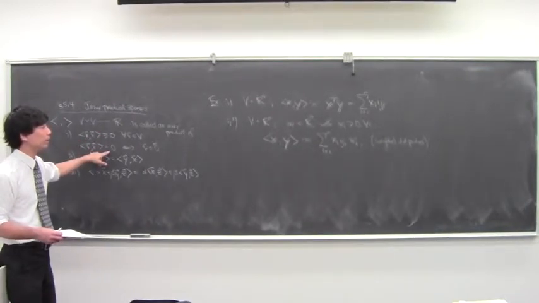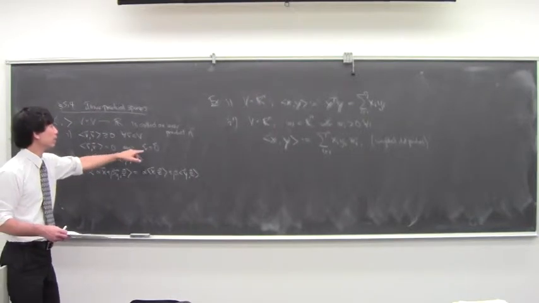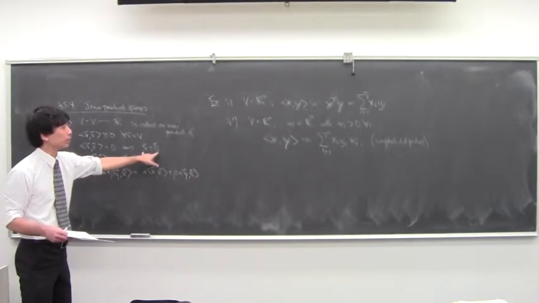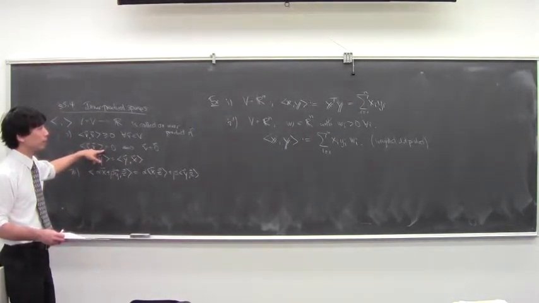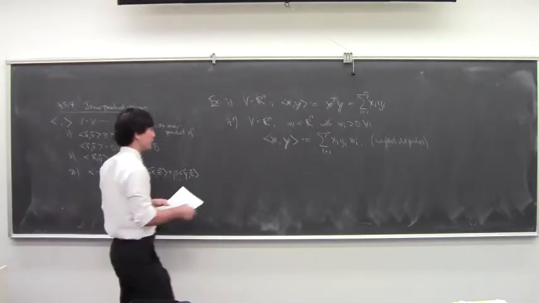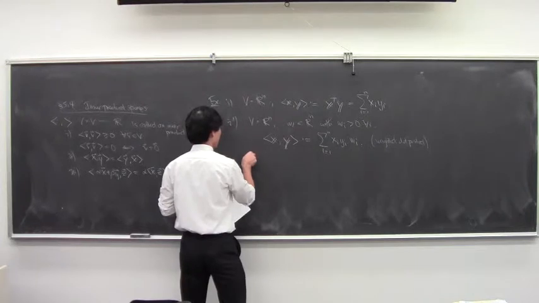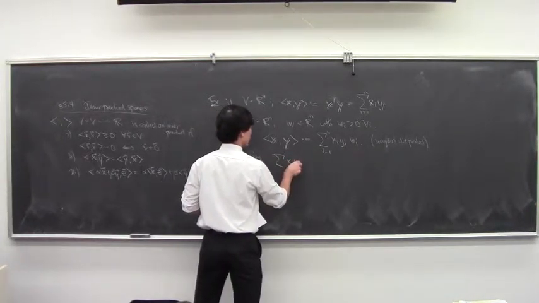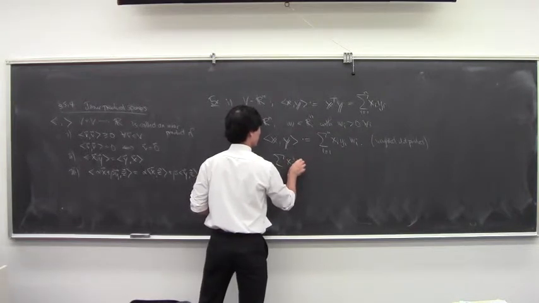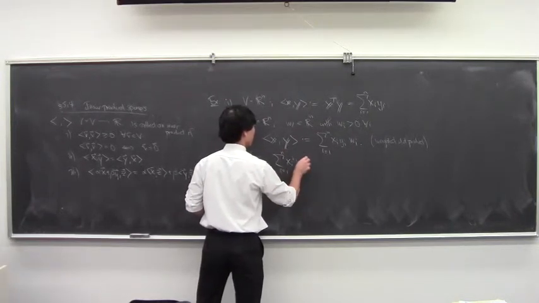Certainly if you take the 0 vector and take the magnitude with respect to this weighted dot product, then you get 0. But what about the opposite? If you get 0, does that mean that the xi must have all been 0? Let's look at it. Let's say the sum of xi squared wi, i equals 1 to n, equals 0.